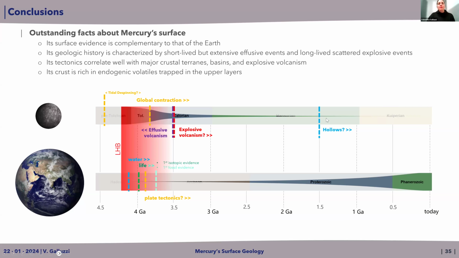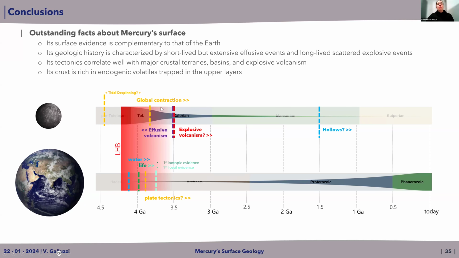Then the hollows are probably the youngest evidence of surface modification we have on Mercury. The tectonics happened mainly in the early formation of the planet, but correlate well with the geochemical terrains, explosive volcanism, and the position of large basins.